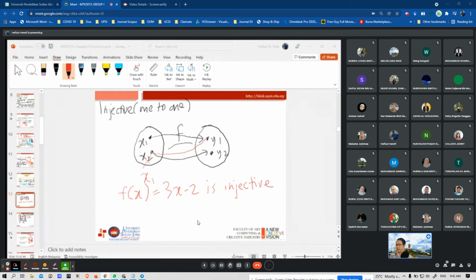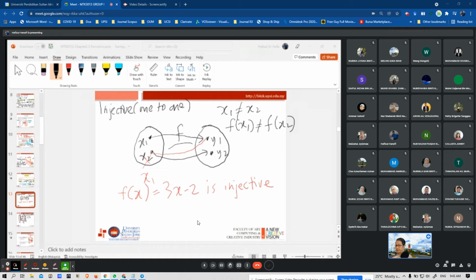And then as I mentioned before, x1 is not equal to x2, and f(x1) is not equal to f(x2). It is easier to prove this using the contrapositive. We can say that x1 is not the same as x2, and f(x1) is not the same as f(x2).